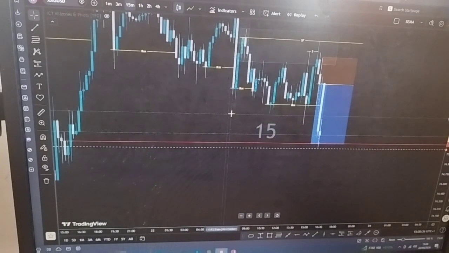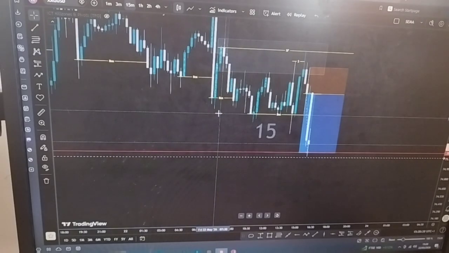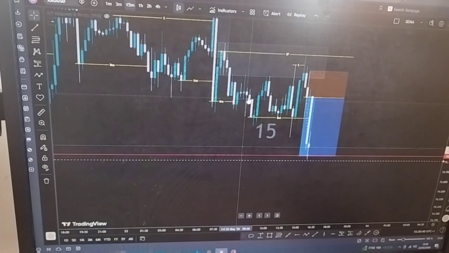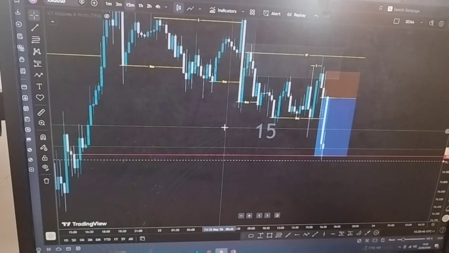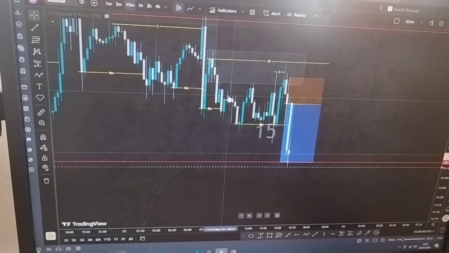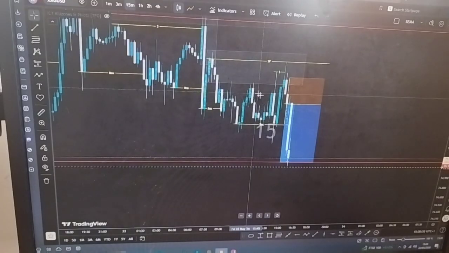So this is based on connecting areas of interest. Because a lot of times you can make this mistake of thinking that this break right here is the change of character.